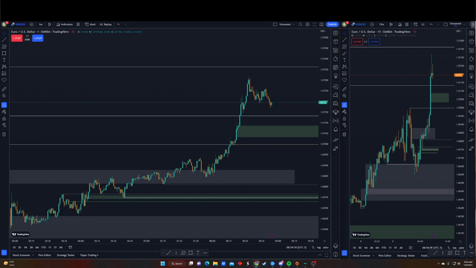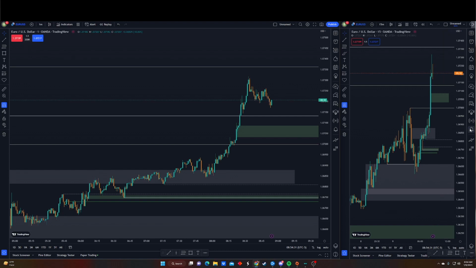Displacement. Beautiful price action. It's technically a breaker for the 15-minute. But I don't want to see price get back down here. That's just too low.